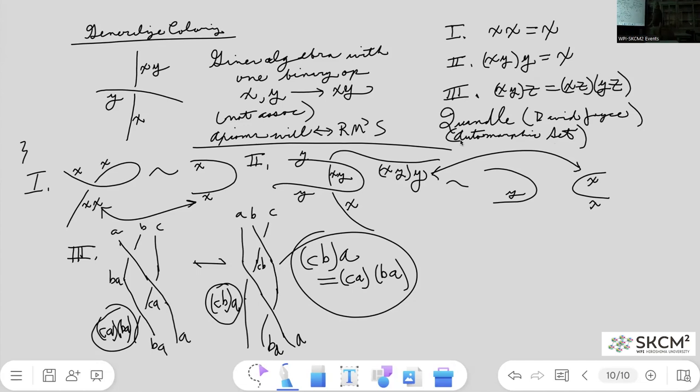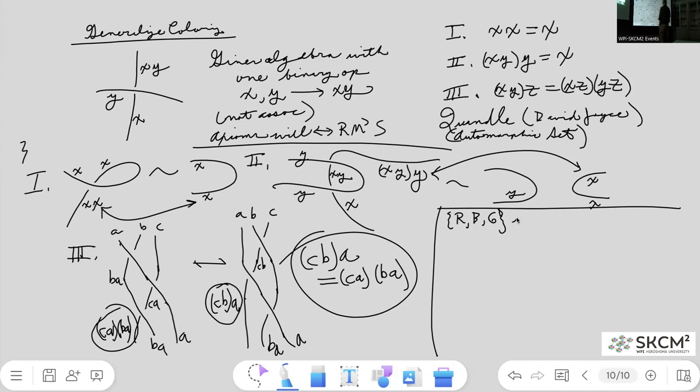Now, one thing that you can check is that RGB satisfies this. You can do it, but red times red is equal to red by definition, and that's the rule that there's one color at a crossing, right? Red times red is red, blue times blue is blue, green times green is green.